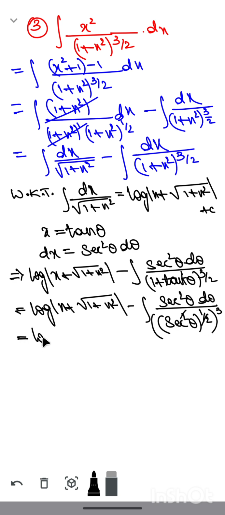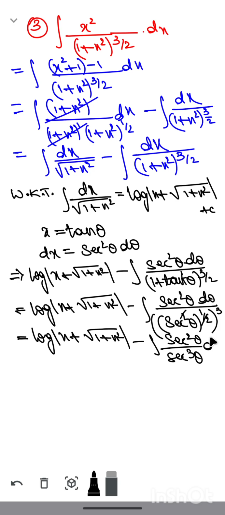The remaining is log of modulus of x plus root of 1 plus x square, which remains the same in the first term, minus, in the second term, secant square theta divided by secant cube theta into d theta.